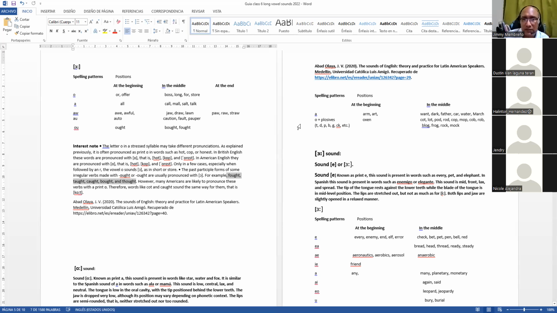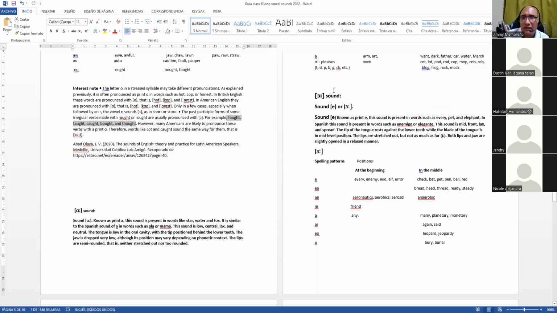And then we have this sound. In some dictionaries, you will find this symbol, but it's the same as the E in Spanish. This sound is present in words that we have in Spanish.